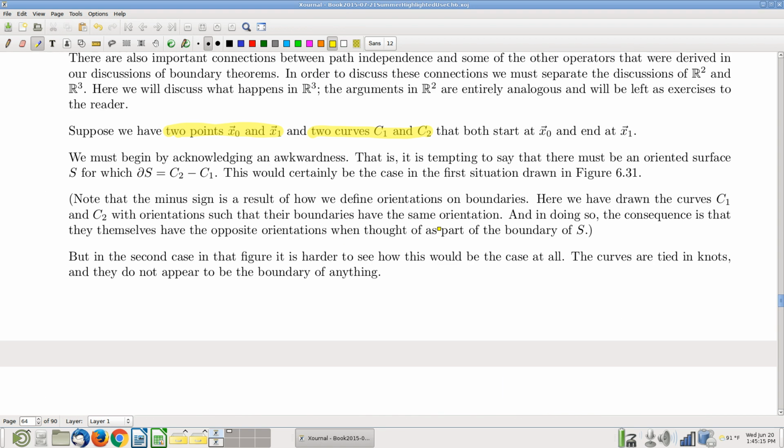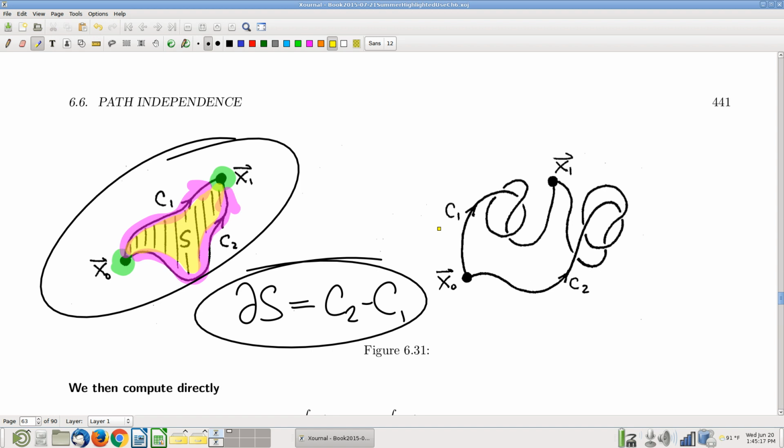Yeah? Can we just hypothetically think that you would start at zero and go with C1 and then minus C2? If we do that, the boundary is equal to C1 minus C2. I think maybe I missed the first part of what you just said. Because C1 and C2 point in the same direction, right? So can't we just do C1 minus C2 instead of C2 minus C1?